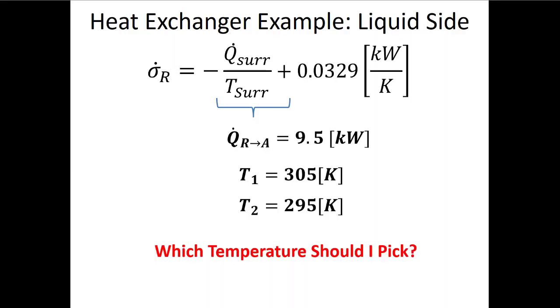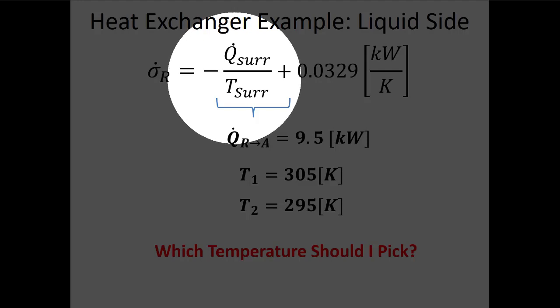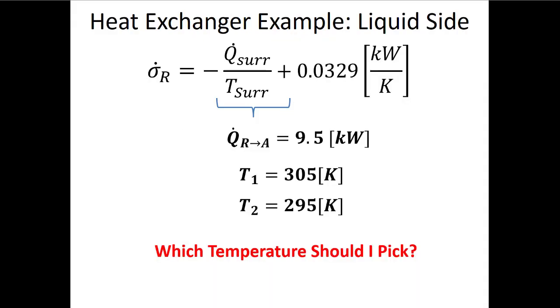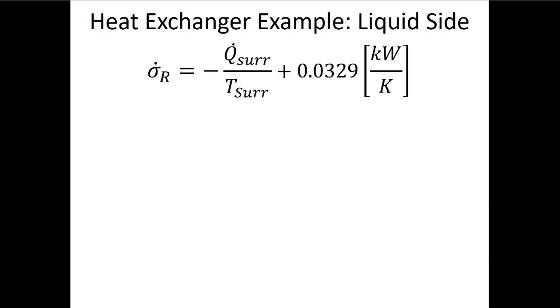In this case, because I can see that this heat transfer term is going to be negative, I want to pick the value that's more conservative. I would like for this value to be as large as it can be because it's a negative number. So I'm going to pick T2 here because T2 gives me the smaller denominator, which will give me a larger negative term.